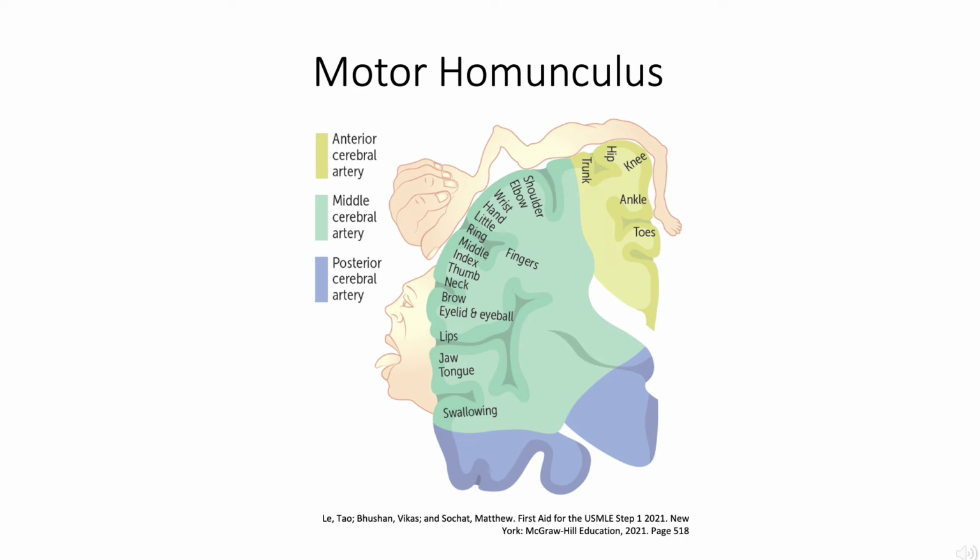So your hands are not so much bigger than your toes, and this is because the size represents how many neurons there are for that part of the body and how many types of movements and how fine these movements are. So how complex the ability of the brain to generate movement is for that specific part of the body. So you can see that the face and the hand can do a lot more types of movements and much more complex movements than the ankle, for example.